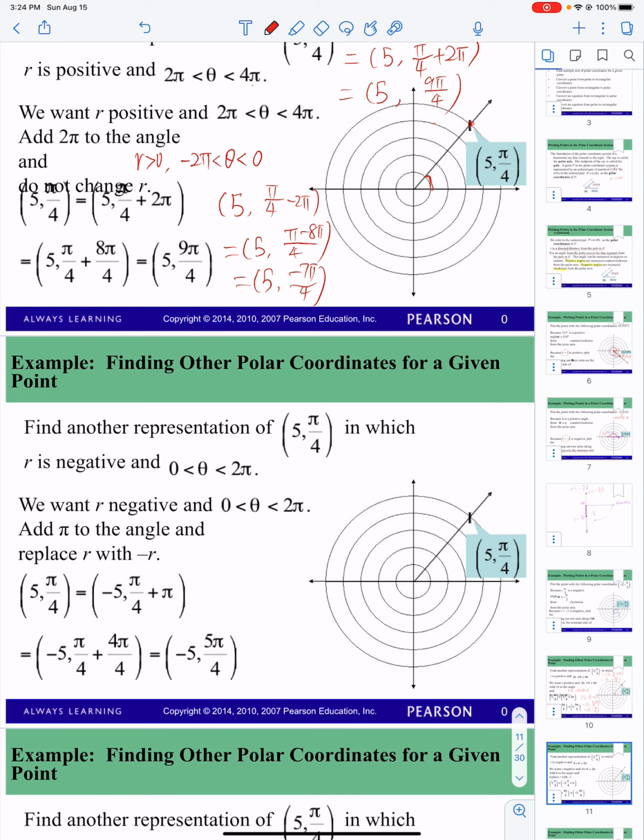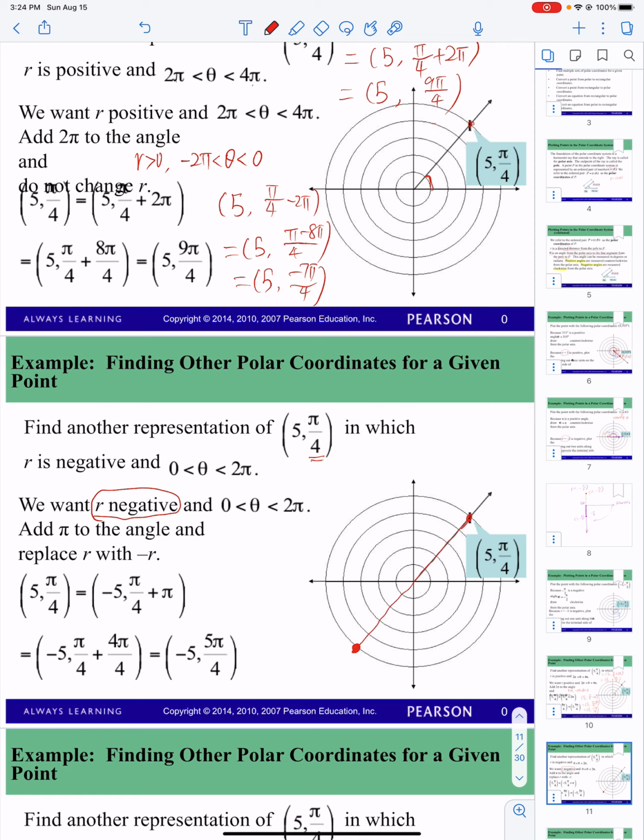Okay, so then the next one we wanted to stay at the same angle, but your r is negative. So what will happen if your r is negative? Do not forget what will happen. It will be right here, yeah?